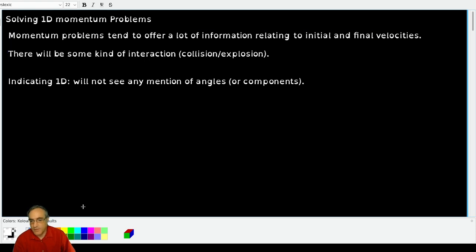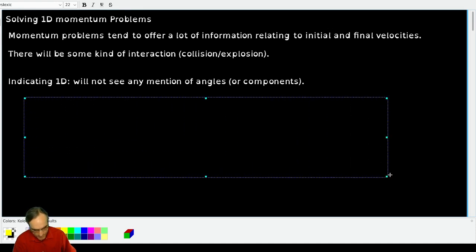All right, once you've identified that's what's going on, what do you do? Well, first thing, determine the type. Is it elastic? Is it just plain old inelastic? Most of them will be, or a lot of them will be.